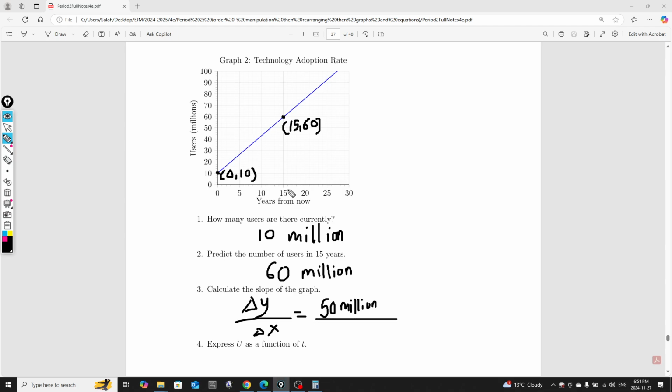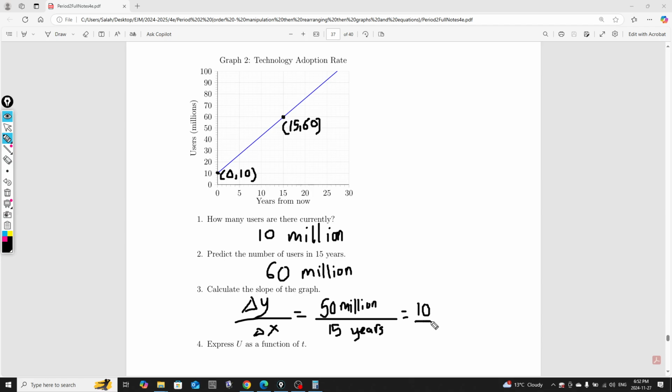Now, the x change, or the horizontal change, to go from point 1 to point 2 equals the change to go from 0 to 15. That's an increase of 15. So 15 years. Okay. And now you can simplify this fraction here. So 50 over 15, I can divide top and bottom by 5.